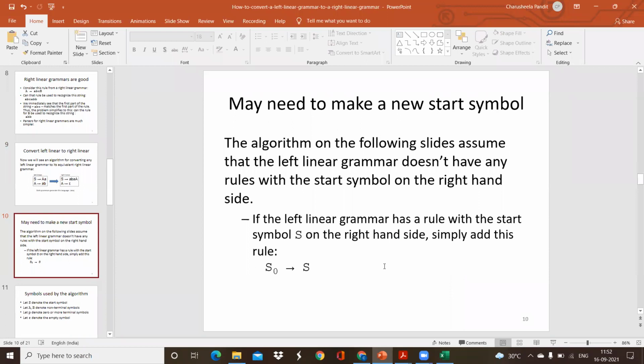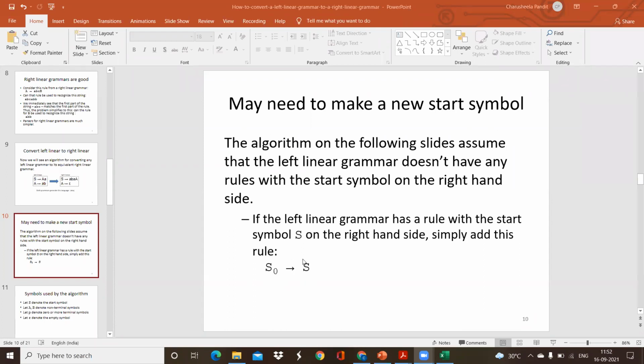As you can see on the screen, the algorithm on the following slides assumes that the left linear grammar doesn't have any rule with the start symbol on the right hand side. And if you have some such rule, then we need to add a production rule.